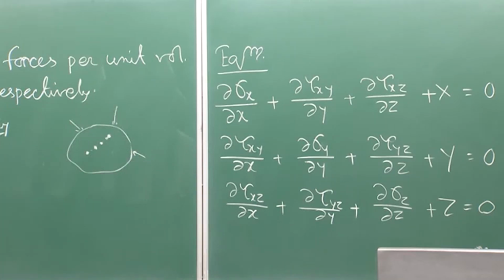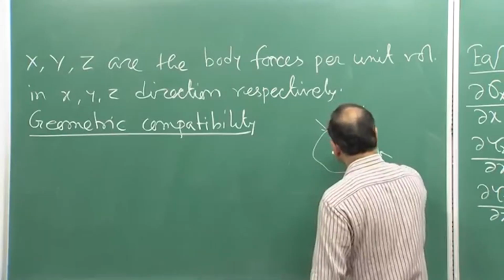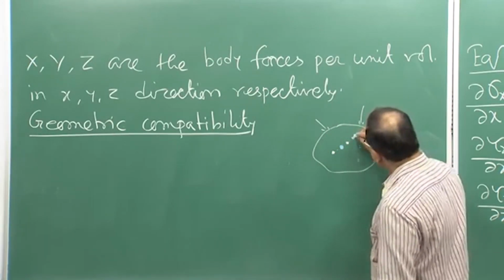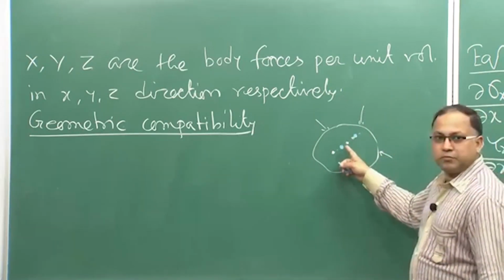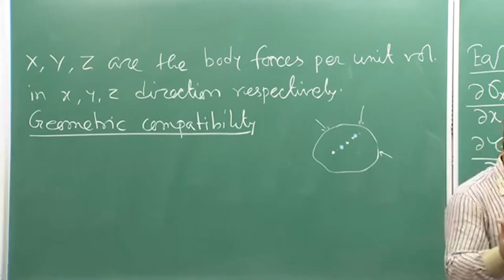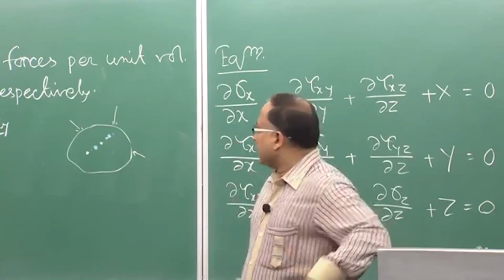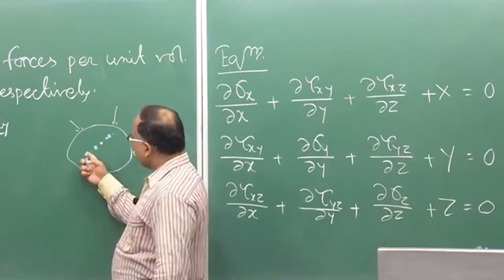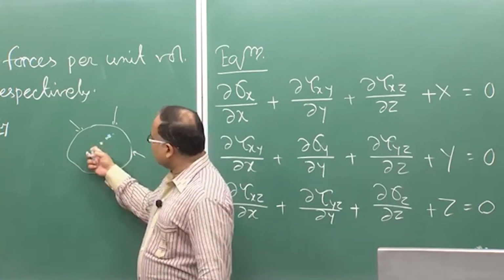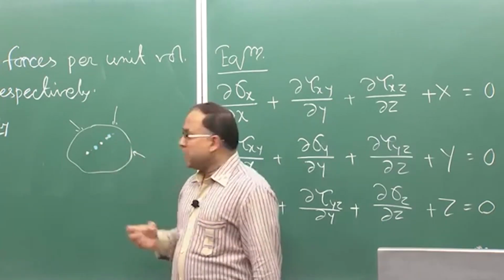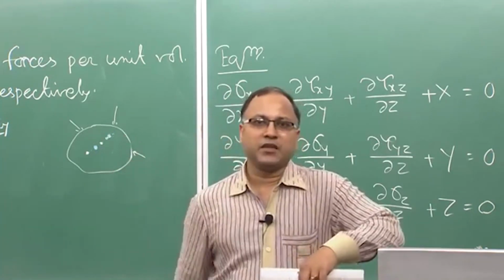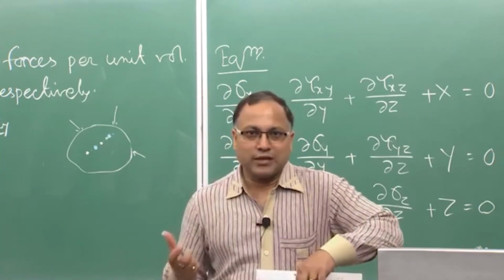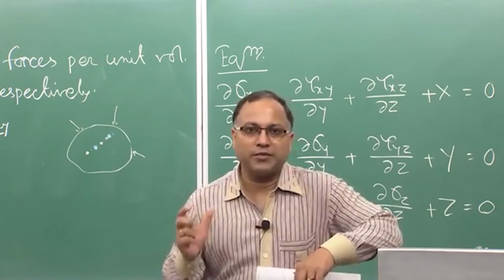So, I can use different colors, that will be convenient for you to understand. So, after deformation, this point is moving here and this point is moving here, but nowhere should this particle cross over, or overlap the previous particle. So, that is a kind of compatible condition.